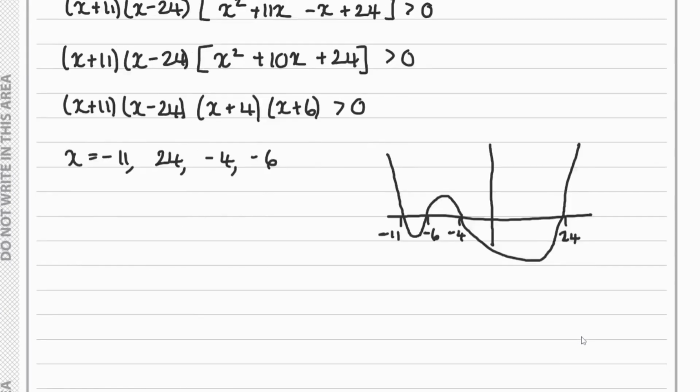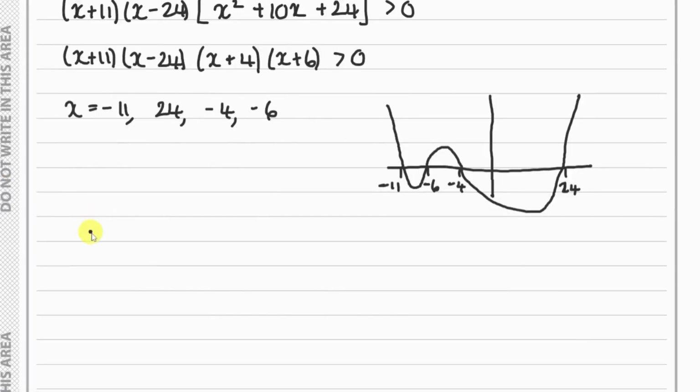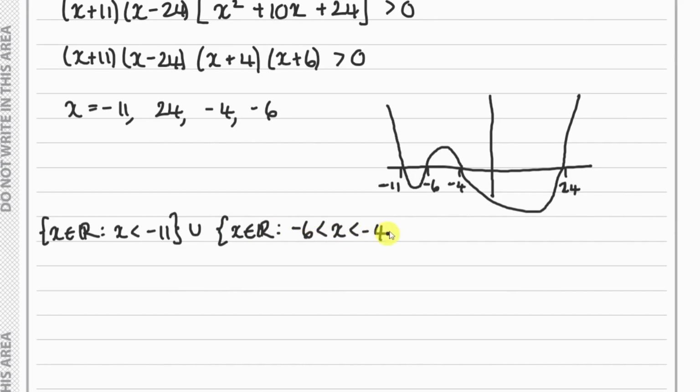So now let's write this in our set notation. So x is an element of the reals such that we want x to be less than negative 11, unioned with x is an element of the reals such that this one's now trapped between negative 6 and negative 4.